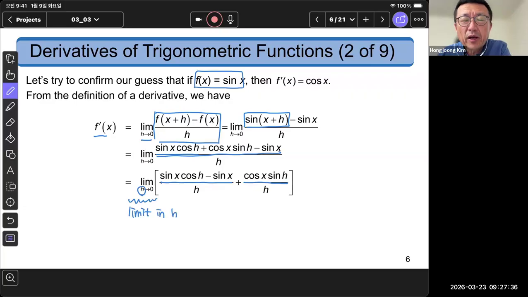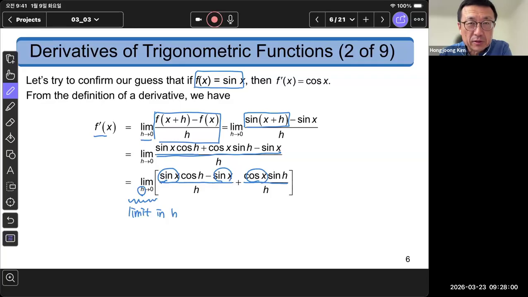So in terms of h, x is not a variable. That means sine x or cosine x are just values, some numbers. In this expression, h decreases to 0, not x.